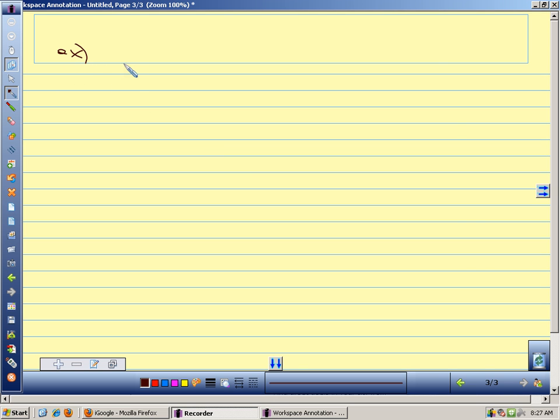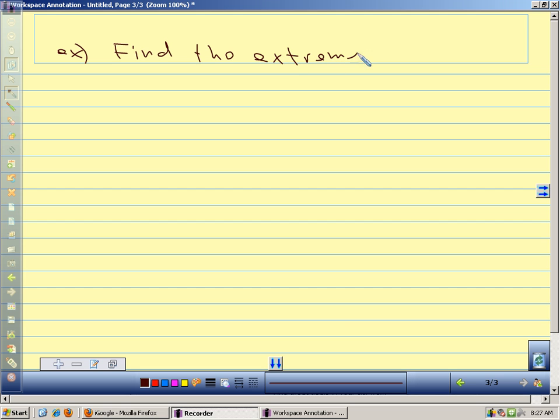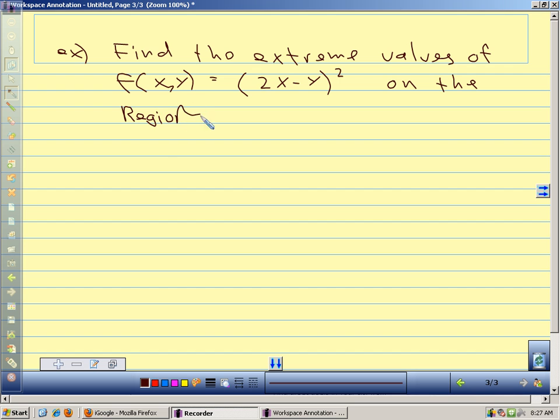Our first one, we want to find the extreme value of f of x, y equals (2x minus y) squared on the region, and we're going to define a region in the xy plane with some points.